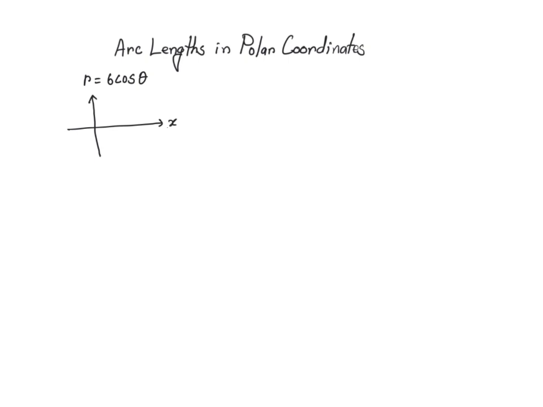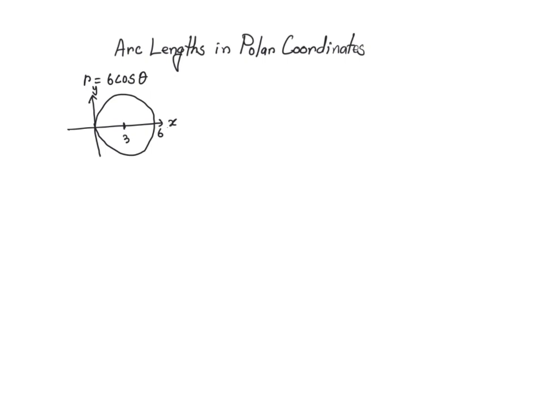x, y. This is the center, 3, and this is 6. So now we are going to find the arc length here as theta goes from negative pi over 2 to pi over 2, which is basically finding the circumference.